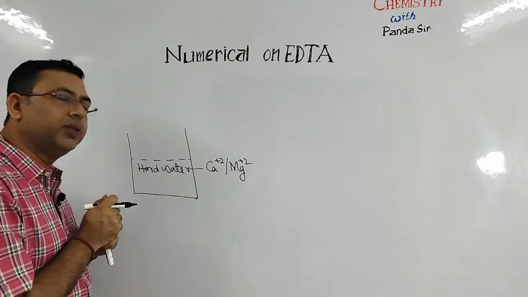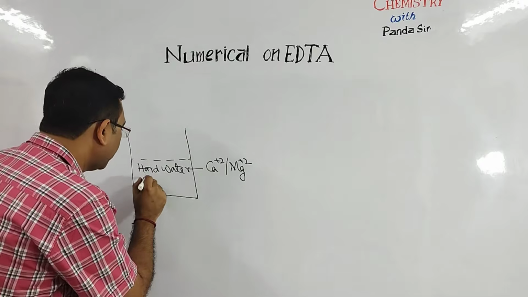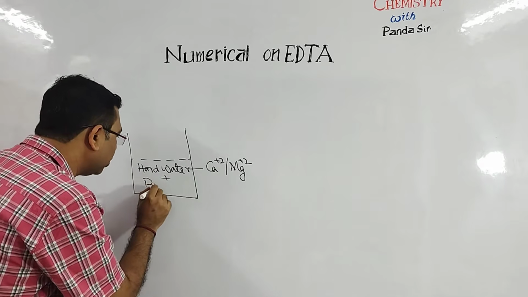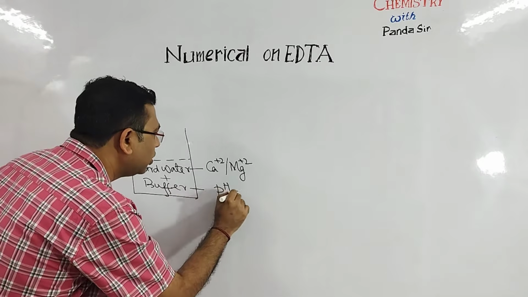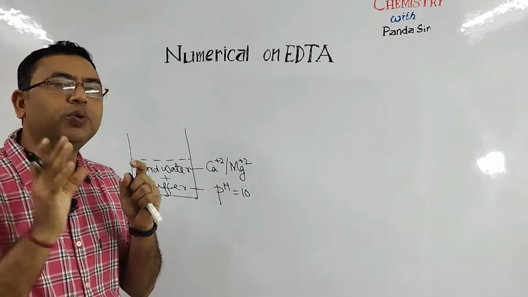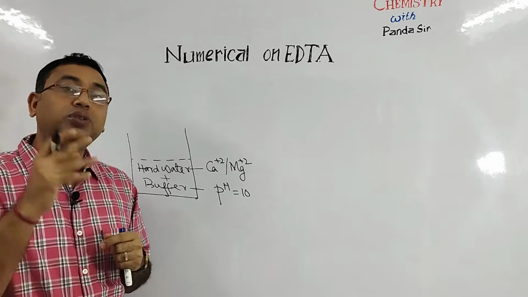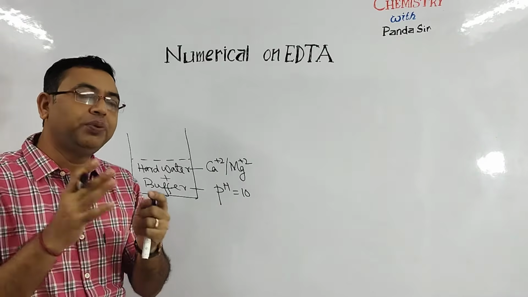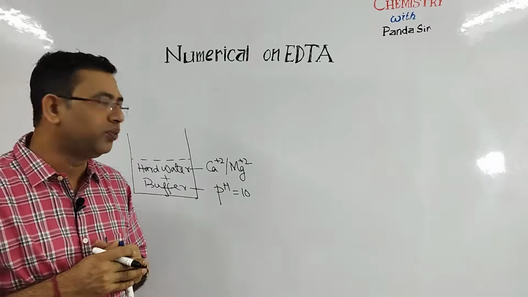Now what happens after taking the hard water sample? Then we add a buffer solution of pH 10. The moment I write pH 10, you have to understand that we are talking about a basic buffer. Sometimes we have noticed the question being asked, how do we make this pH 10 buffer solution?